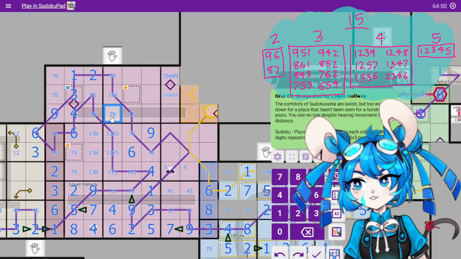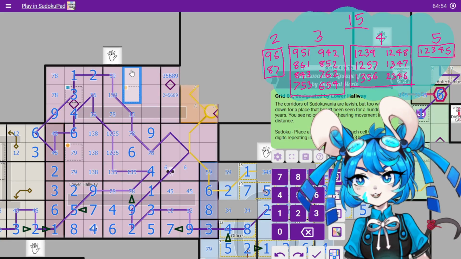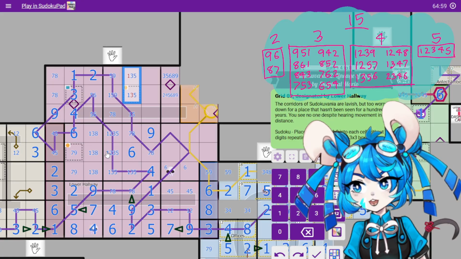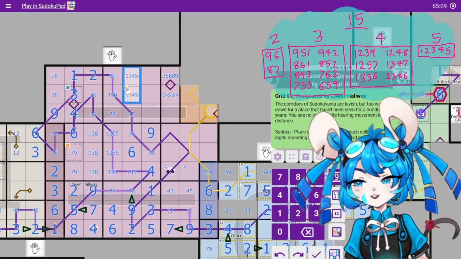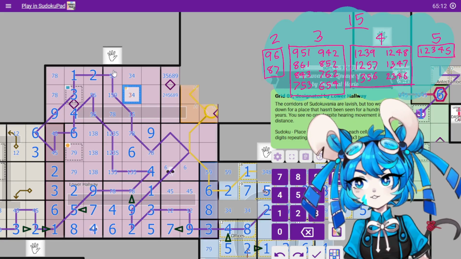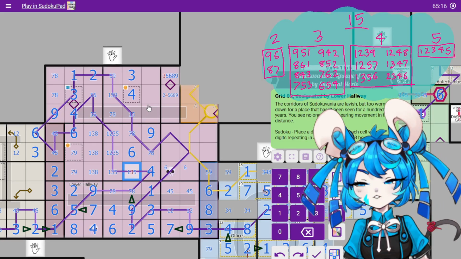There's a 7, 8 here, which means the rest of this column is what? 1, 3, 5, 4? Yes. And I think that's it. 6, 7, 8, 9. Yeah. But we can't have 1 or 5 on it because of the region sum. So this is 4. That's 3.